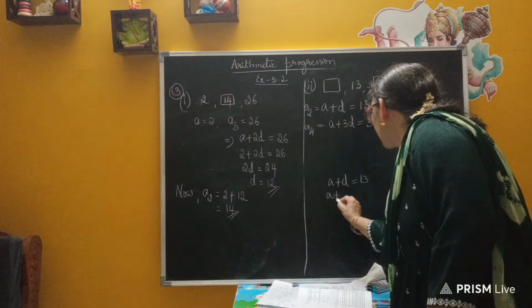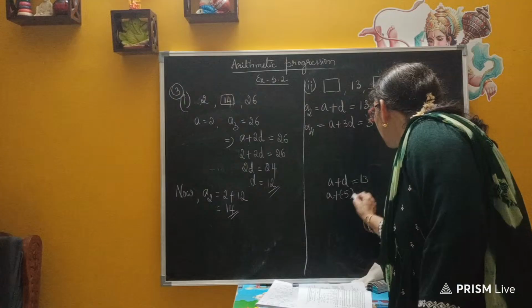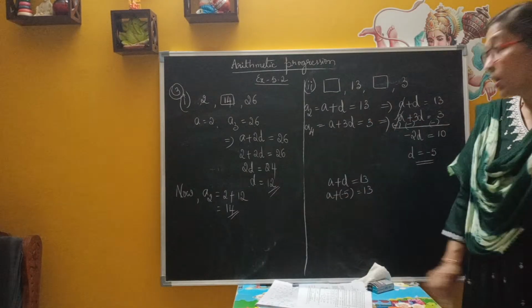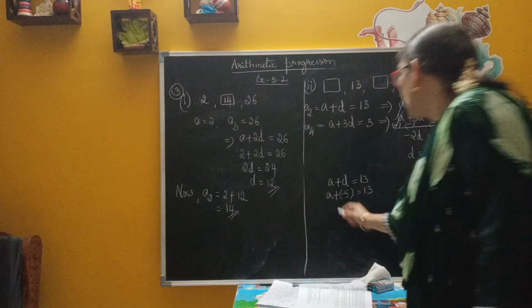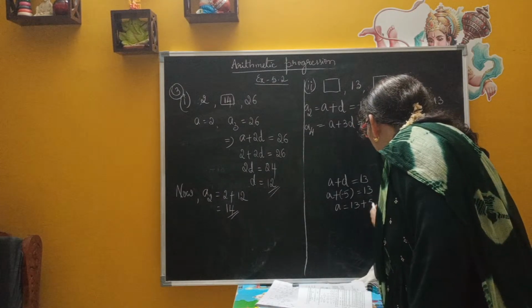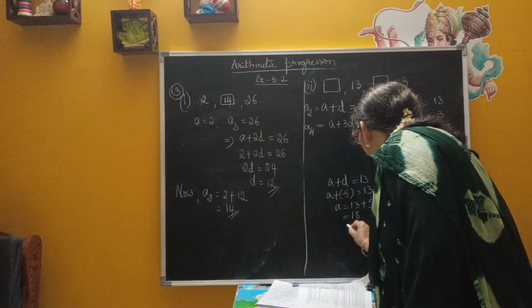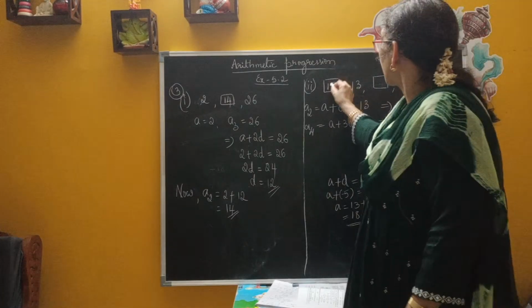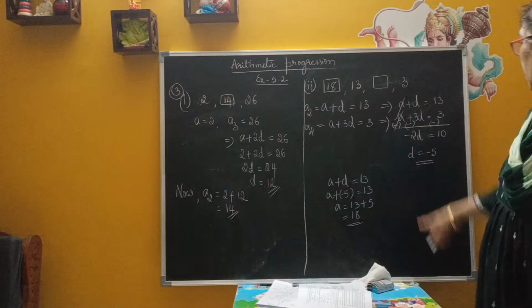Minus 5 is equal to 13. That is A minus 5 is equal to 13. I transpose minus 5 to RHS. So we get 13 plus 5. It is A is equal to 18.